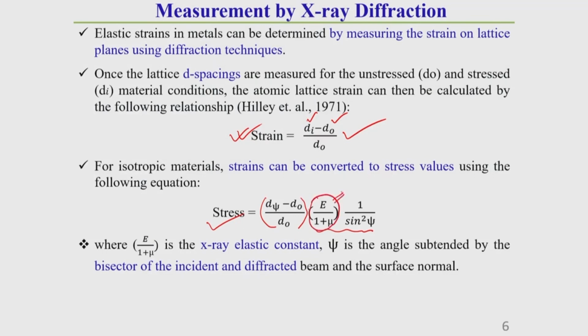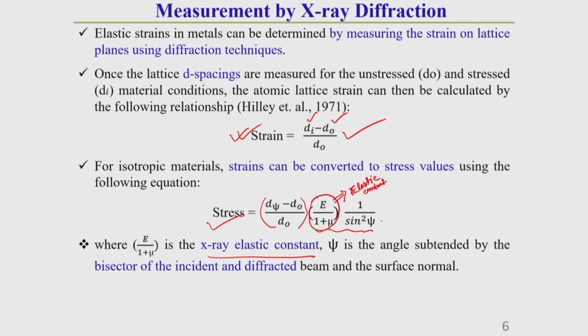I am not going to derive this relationship, because it will take a lot of time. This E by 1 plus lambda is called the X-ray elastic constant, which I have already written here.